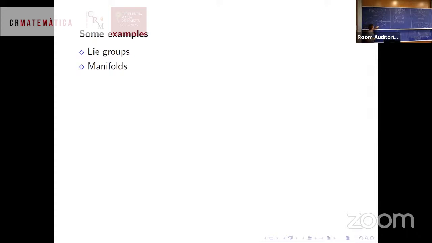Well, basically, this is saying that you can only compose a point with itself, and the result is itself. Okay, it's a pretty trivial groupoid, but it fits this definition, right? So Lie groups and manifolds are very extreme cases.